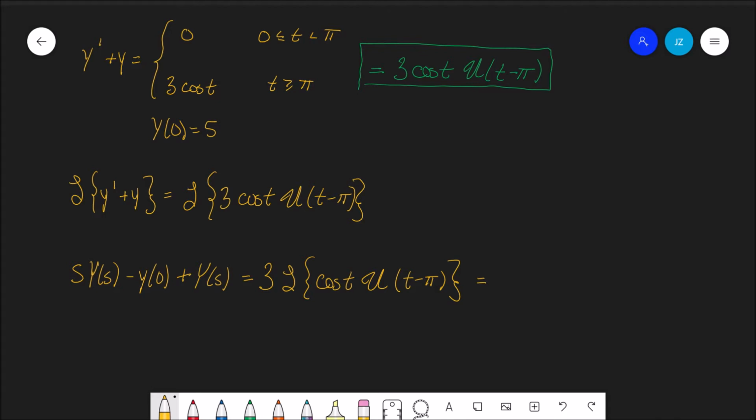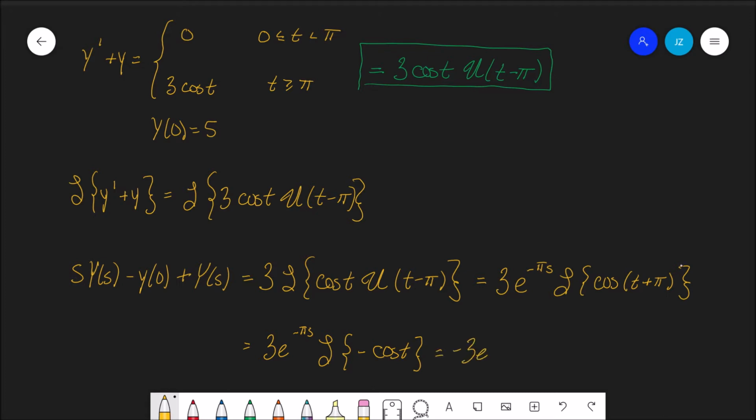Using the second translation theorem, this becomes 3 e to the negative pi s times the Laplace transform of cosine of t plus pi. However, cosine of t plus pi is the same as negative cosine of t.